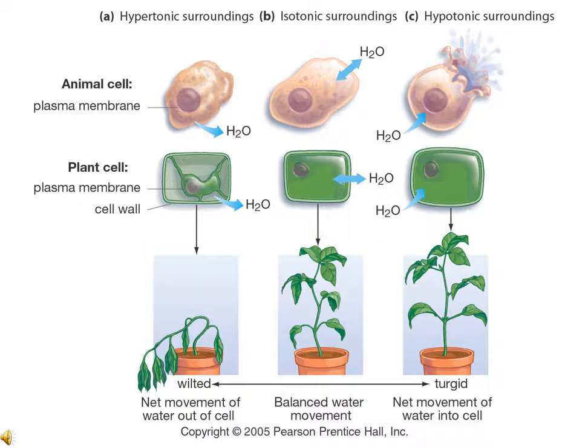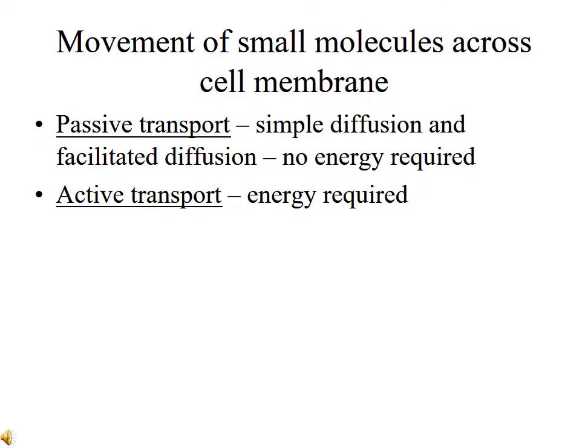And under isotonic condition, everything stays cool. In the real world, in salt water, in fresh water, a cell has to adjust itself to the environment and maintain its structural integrity.